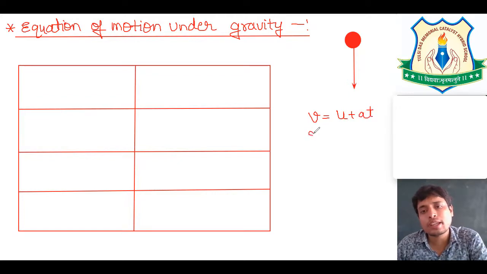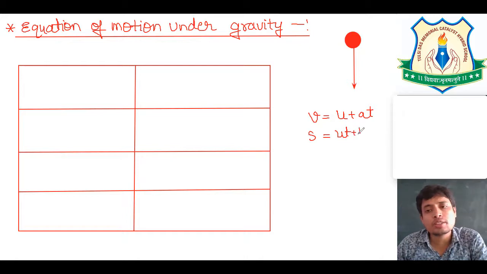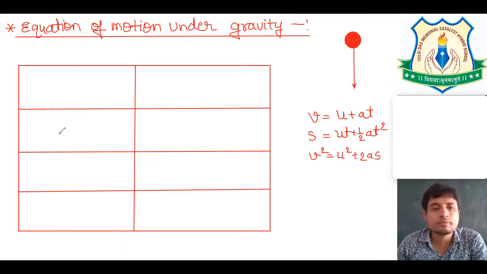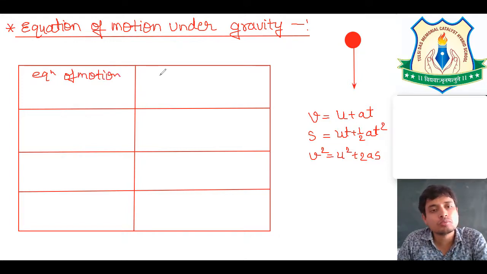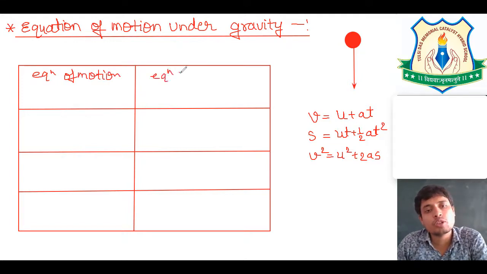Second is s equal to ut plus half at square, and the third is v square is equal to u square plus 2as. Equation of motion, that is equation of motion under gravity.